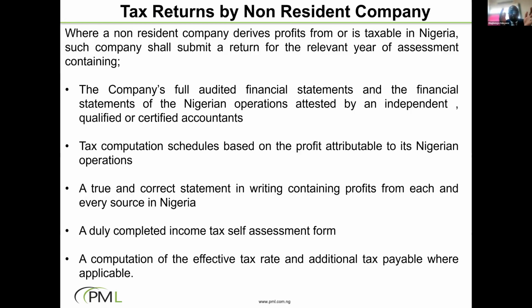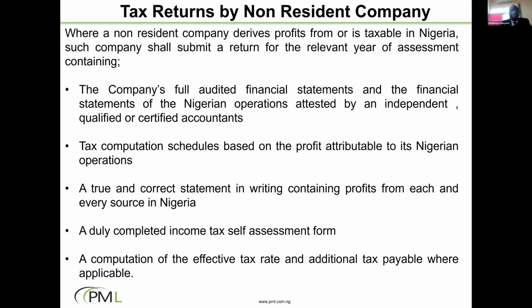They will also complete an income tax self-assessment form, and use it to account for the revenue they earn in Nigeria, so that they pay the correct tax they are supposed to pay.